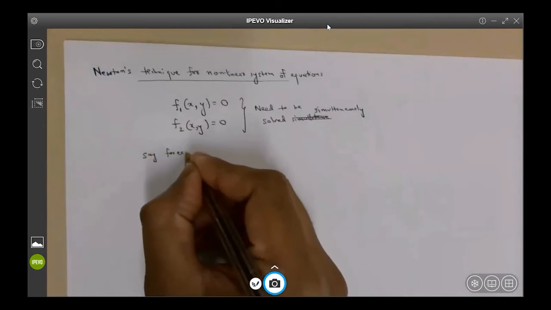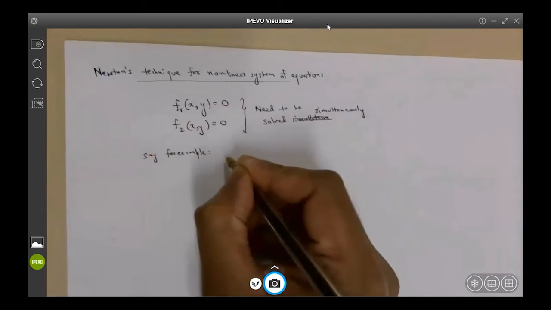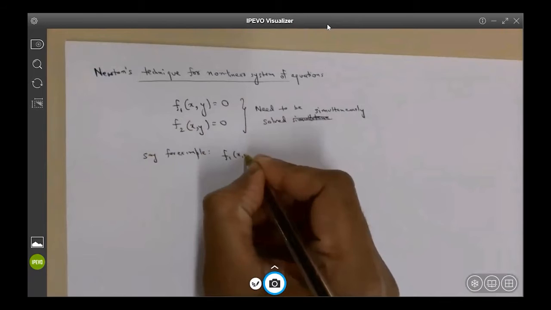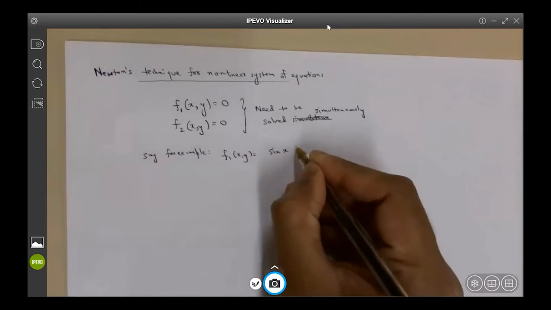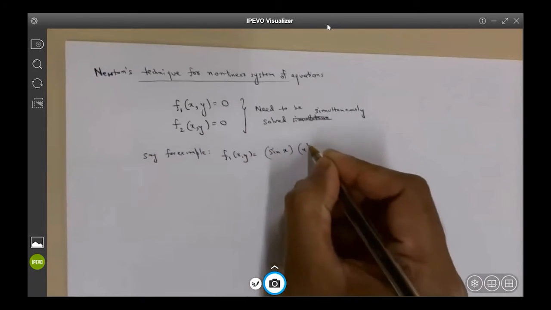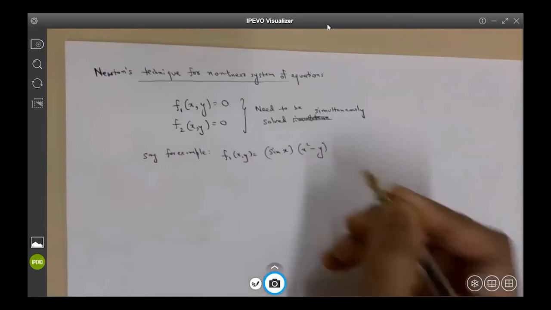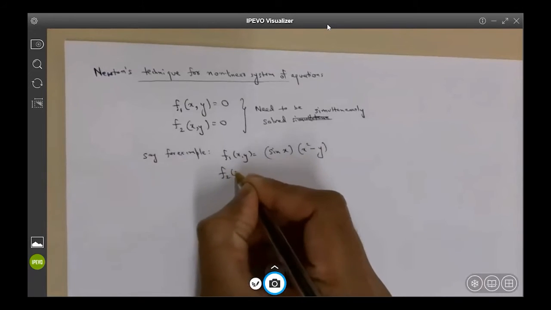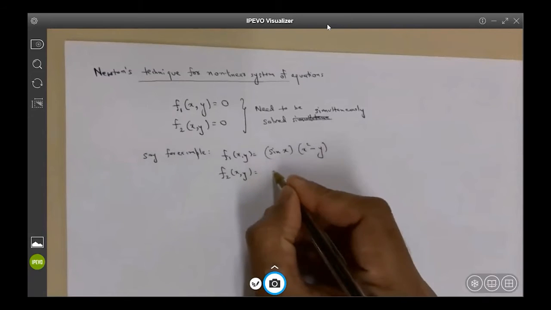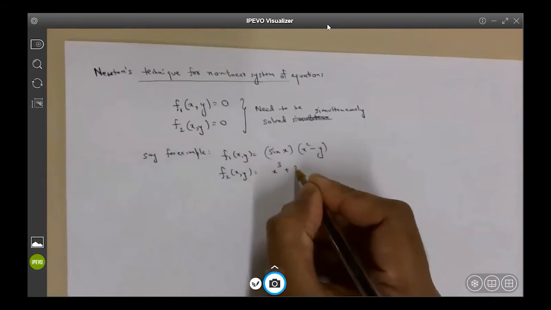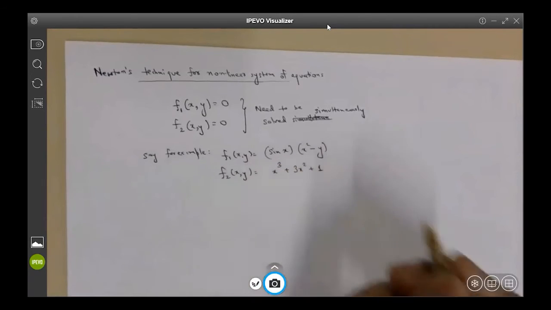For example, f1 of x and y is sine of x plus x squared minus y. And f2 of x and y is x cubed plus 3x squared plus 1.